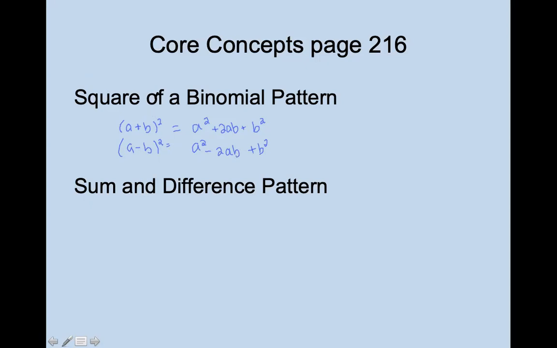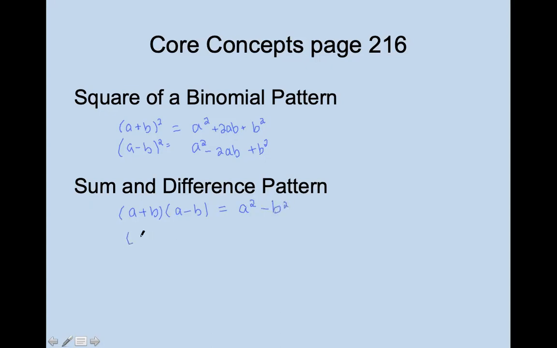It'll still work. All right, so the sum and difference pattern that it's talking about is if I have these 2 binomials and the only thing that's different about them is that sign in the middle. So one is positive and one is negative. The pattern I should see there is that it's going to be the first term squared, a squared, minus the last term squared, a squared minus b squared.